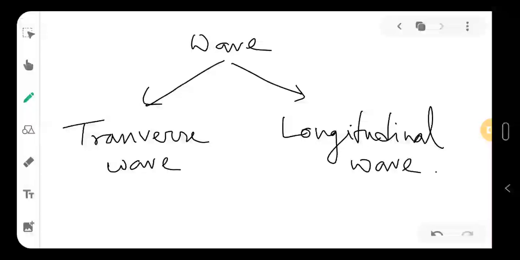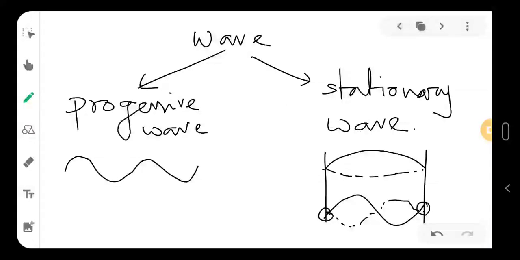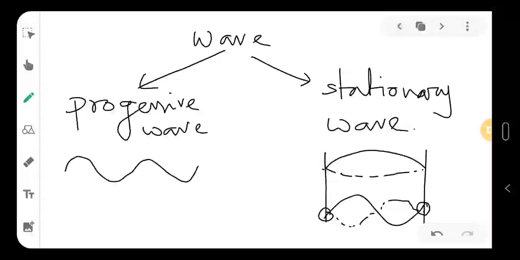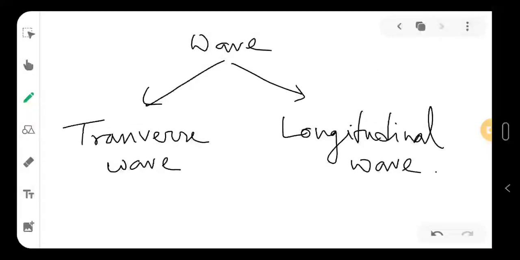Here we have two kinds of classifications. One classification is based on motion, and the other is based on the oscillation they are actually having.